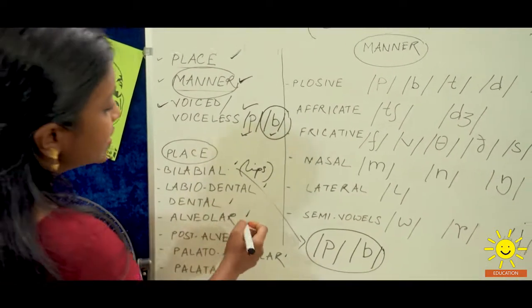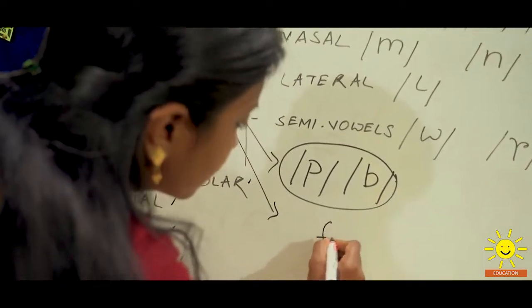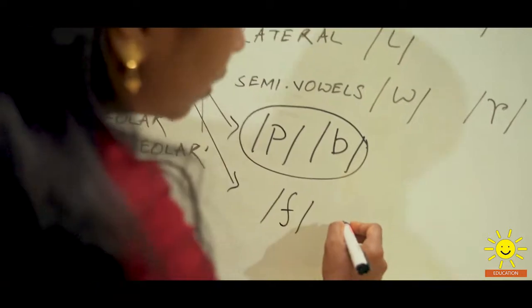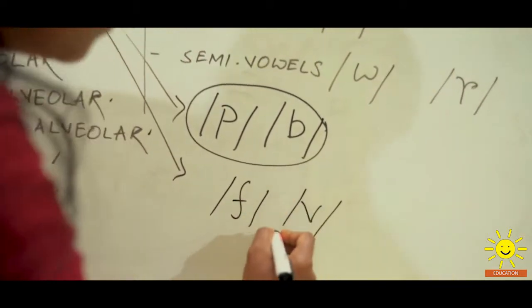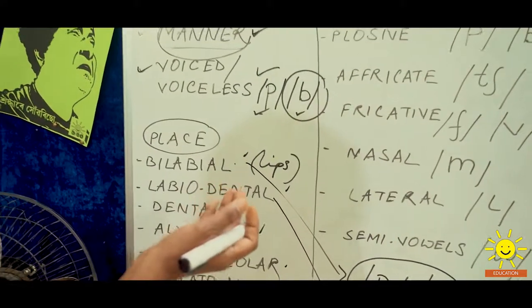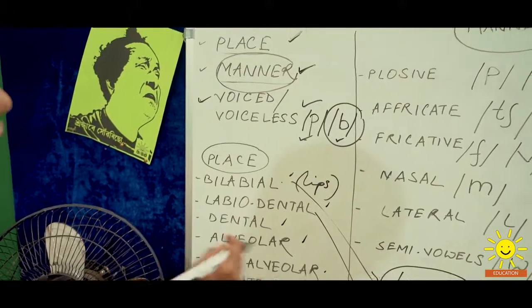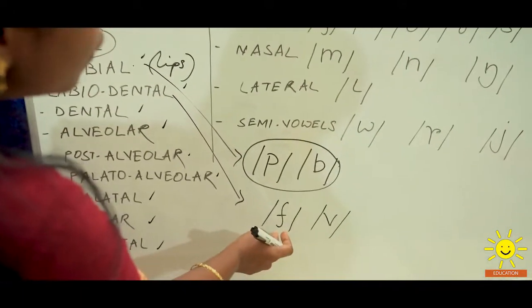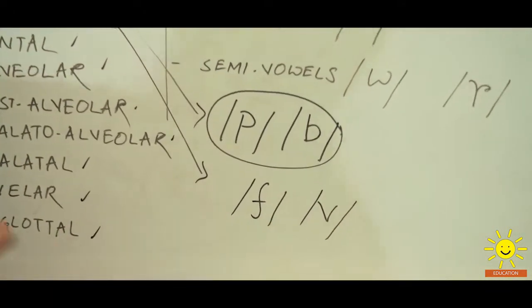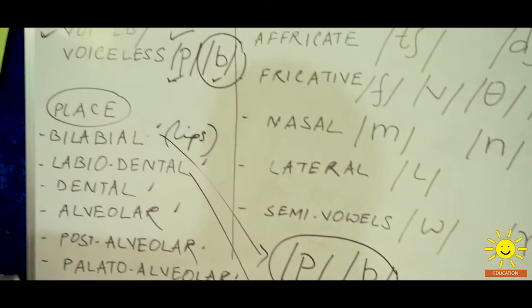Labiodental, for instance, the sounds f, v. Labiodental means that the lower lip and the upper teeth are involved as far as the articulation of f and v sounds is concerned. The lower lip and the upper teeth.